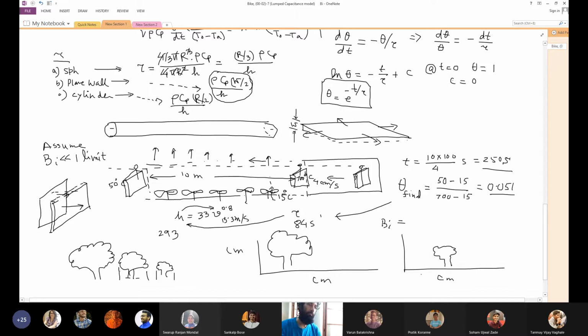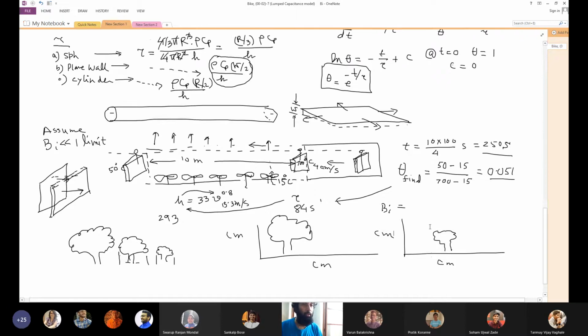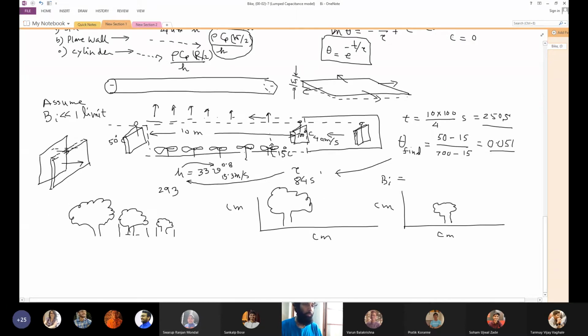This is the centimeter scale. Now instead of the centimeter scale, suppose I devise a scale where this length is 1 unit. So this big cauliflower will span from 0 to 1, and it will look like this.